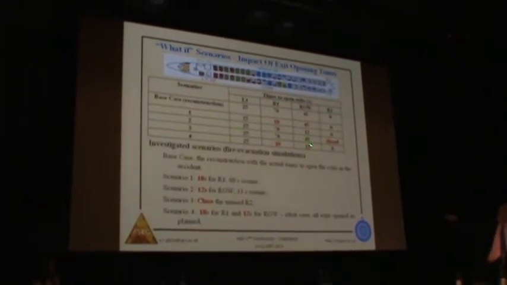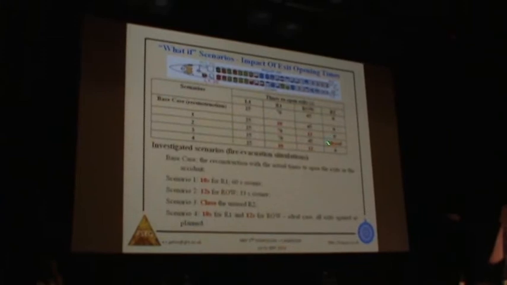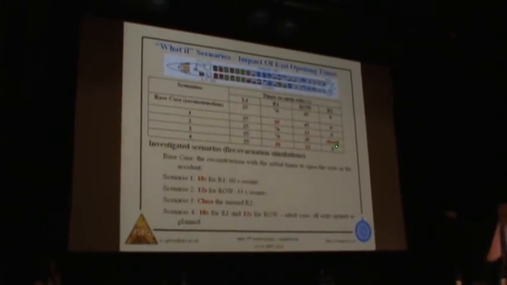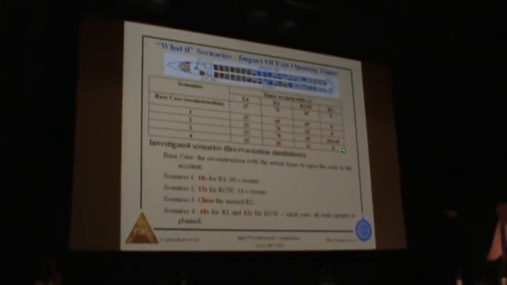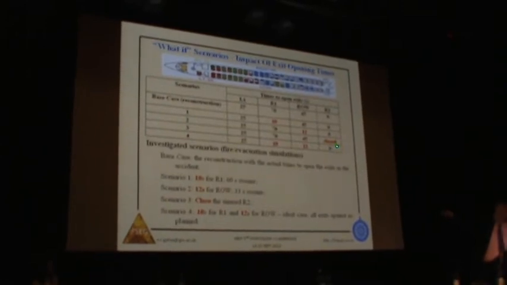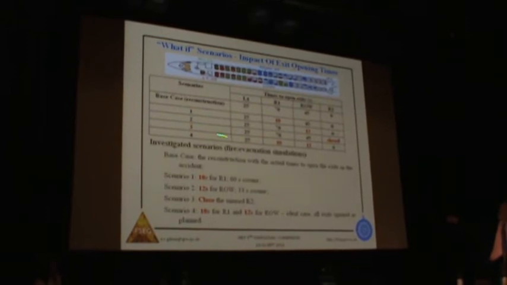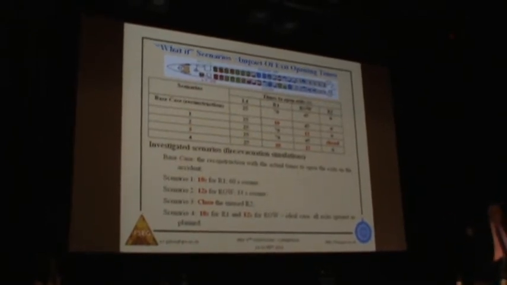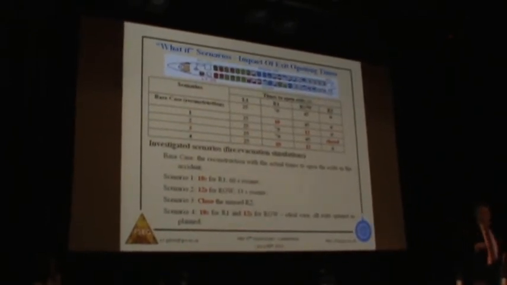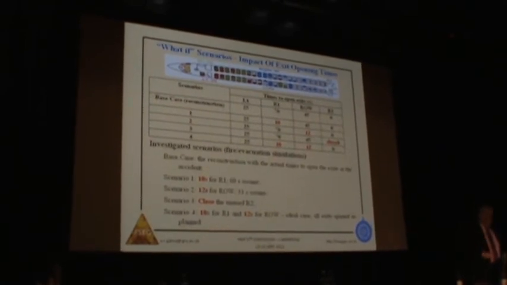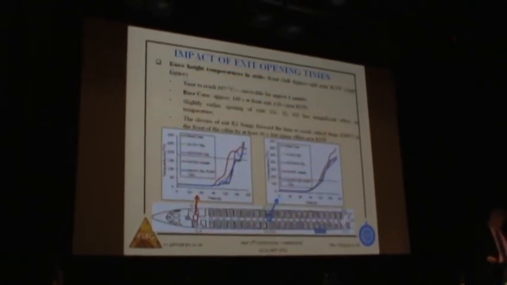In the 3rd scenario, one of the most important ones in my opinion, we close the rear exit that the cabin crew member opened, and we see what effect that has on the fire and the evacuation. And in the 4th case, we assume all the exits open in the appropriate time. And what impact would that have on the outcome?